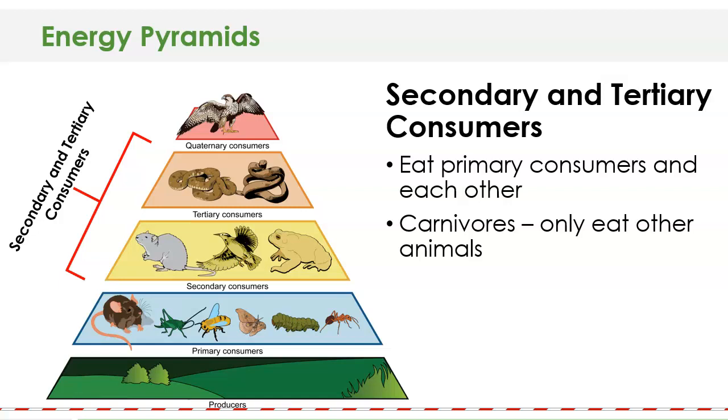They are not, however, all carnivores. There are some omnivores in those levels as well. They are, however, heterotrophs because, again, all consumers are heterotrophs. Heterotroph simply means it can't make its own food. Consumer also means that it can't make its own food. So all consumers are heterotrophs.